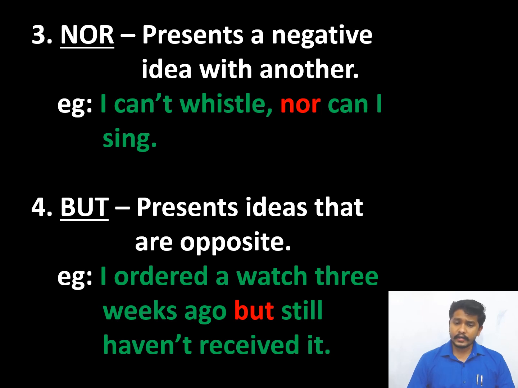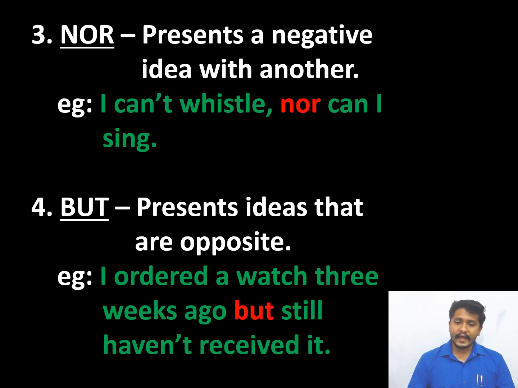I ordered a watch 3 weeks ago but still haven't received it. You can see here there are no commas. I did not use any comma here, and the coordinating conjunction but is used here because in this sentence, there is only one independent clause. The other part is not an independent clause, it is a phrase.